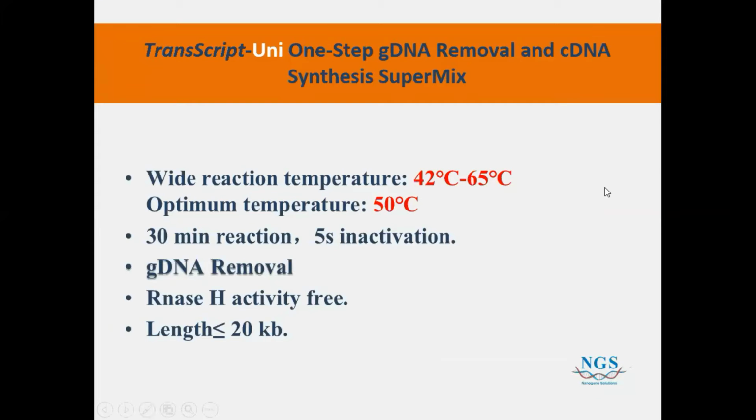So let's say if you have a template where even transcript 2 couldn't amplify, okay, it has a very, very complex structure that even at 55 degrees Celsius, the complex structure couldn't be released. So this is where transcript uni comes in. And transcript uni allows your reaction to increase the temperature up to 65 degrees Celsius.